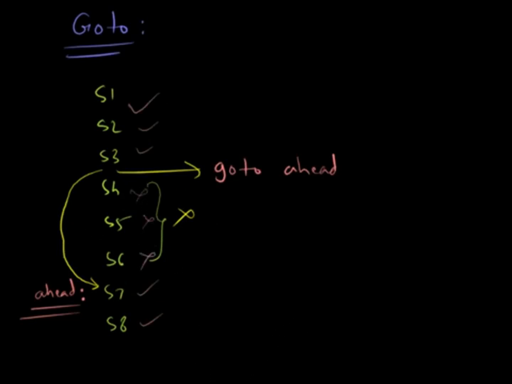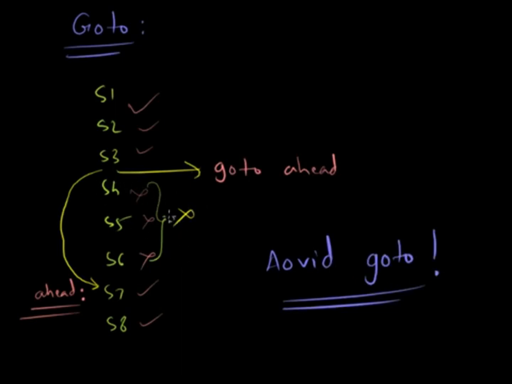Now, all the computer science programmers or anyone you will encounter in computer science will say this thing: avoid goto. The problem with goto is that it is an unconditional jump. You can jump anywhere in the program. You can go from here to here.